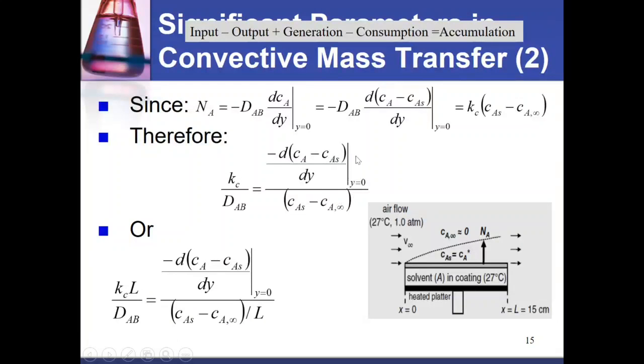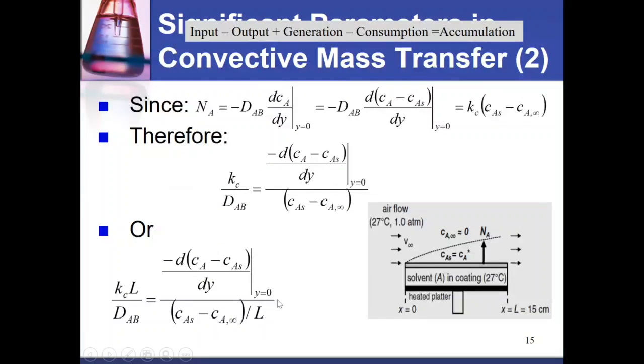And instead of putting it in the numerator here, I put it in the denominator, and it will go up later. So Kc times L, where L is the characteristic length of the slab, over DAB will equal minus d(CA minus CAS) over dy at y equals 0, over CAS minus CA infinity over L.